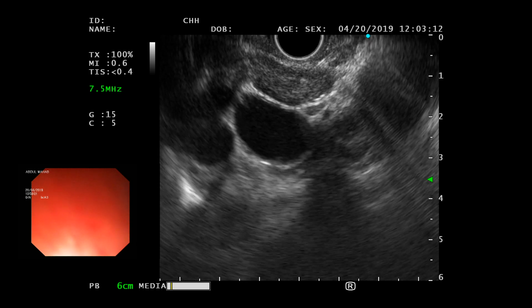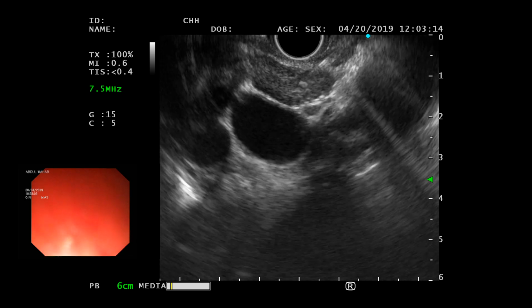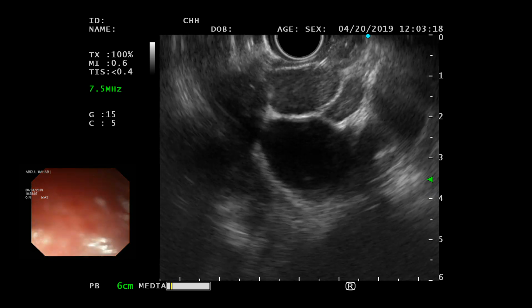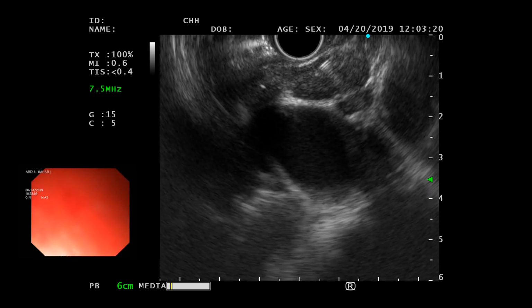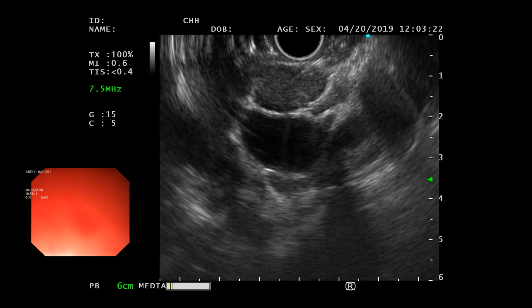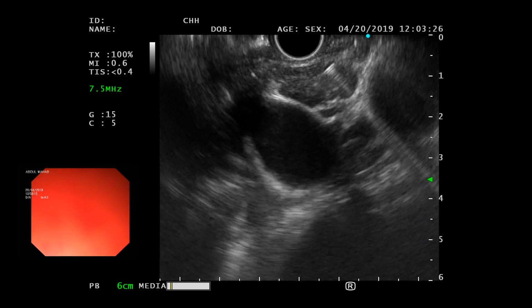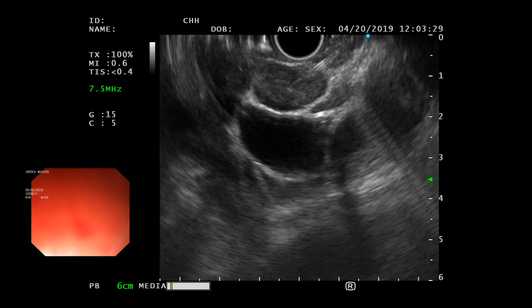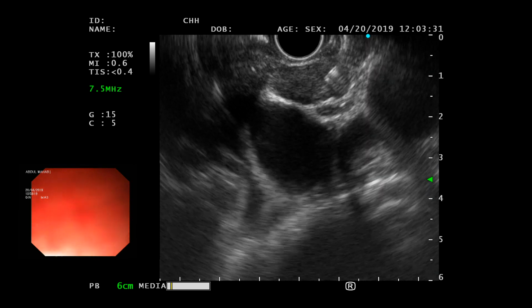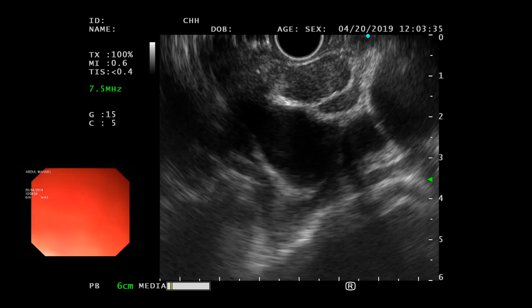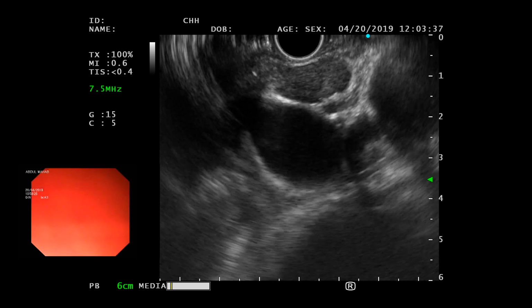I'm using the elevator now to bring it down. It's smaller lesions, and now I have to use my big wheel. So you can use it with the bigger things. I think the elevator doesn't usually work that much. So I think I've sampled from most parts of the lymph node, and hopefully that should be enough.